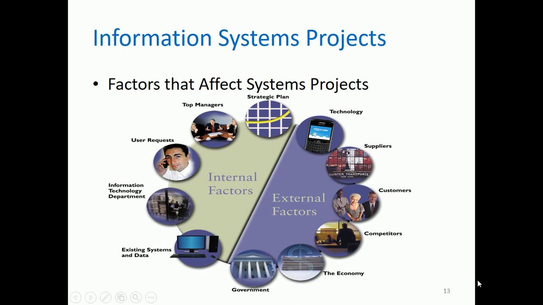And then of course competitors, to be at par or better than your competitors. If you're going to have these IS projects, then why not? And then the economy. Is it economical? Can the company accommodate that IS project even if it's too costly? And of course, government. Government has its own rules and regulations that companies must still adhere to and follow.